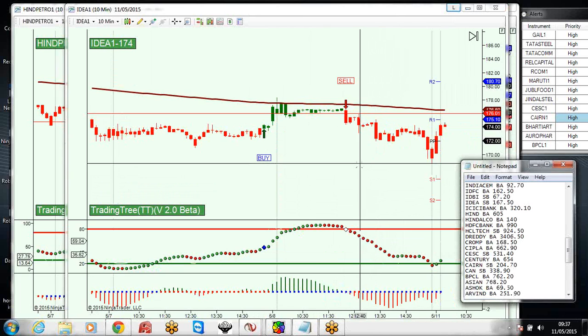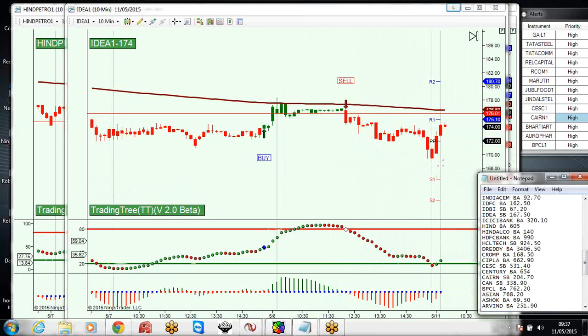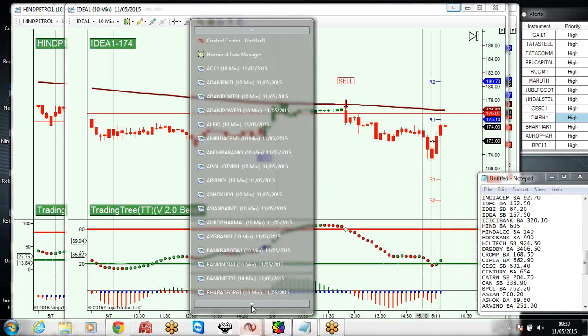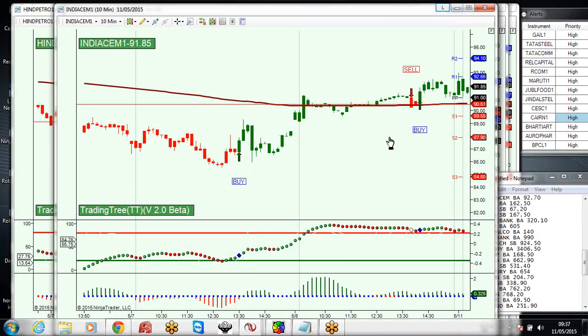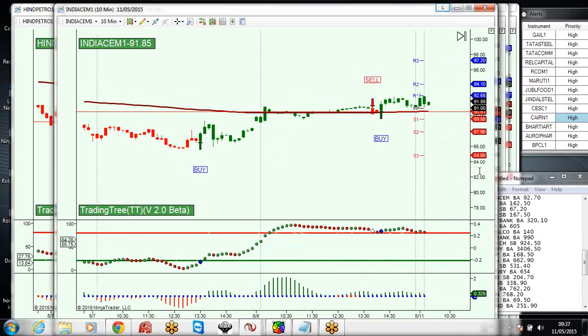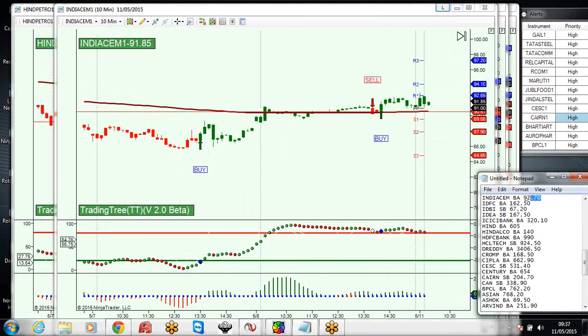So 167 is below this price. $92.70 for India Cement.